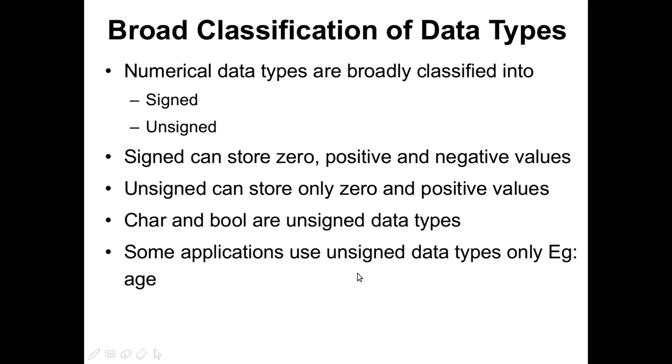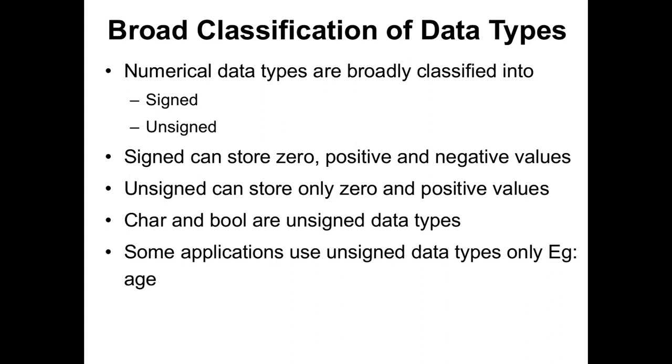And the data types char and bool are unsigned. Characters do not have a sign because internally char and bool are also integers only. Bool just indicates by means of the integer value what is getting stored: 0 is false, other than 0 is true.